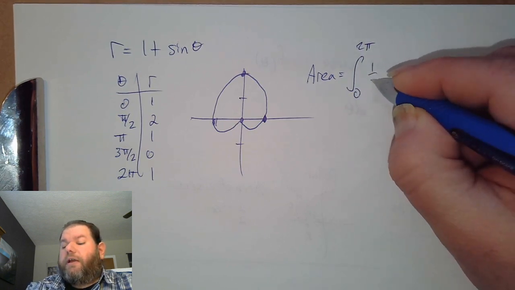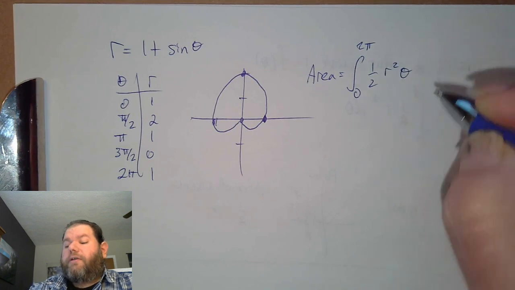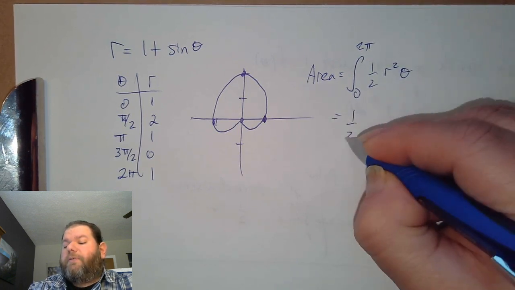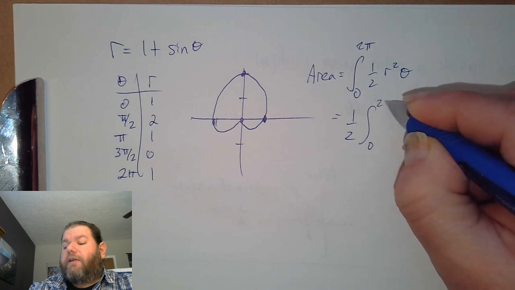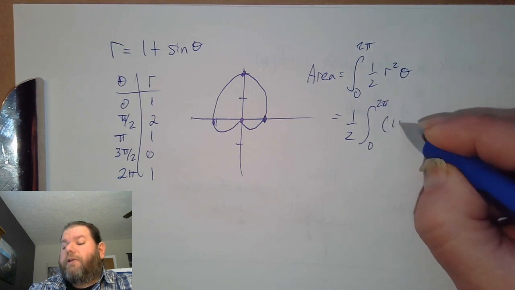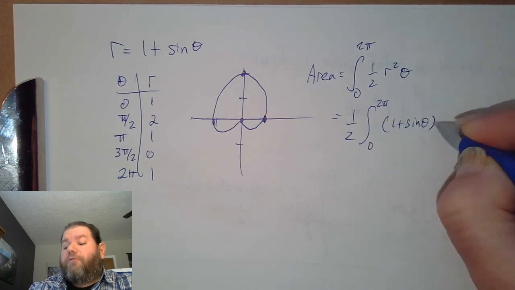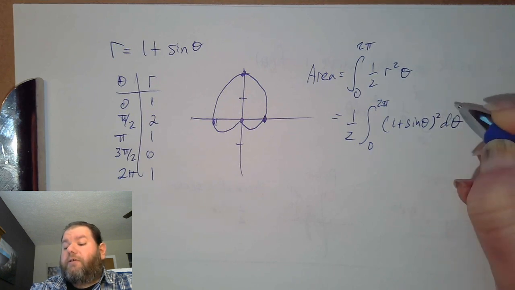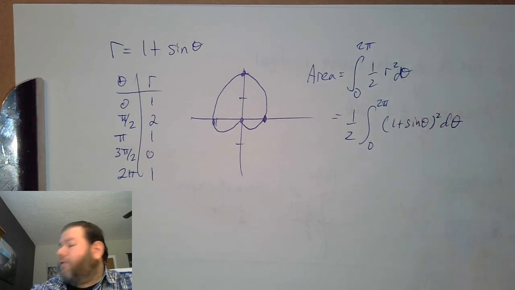Then we have 1/2 r squared d theta, which means we can bring the 1/2 outside, and then our r is 1 plus sine theta, in parentheses squared, d theta. That's a d theta there, sorry.